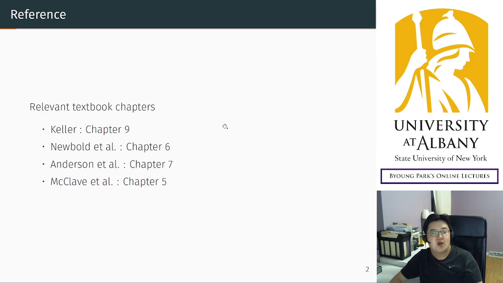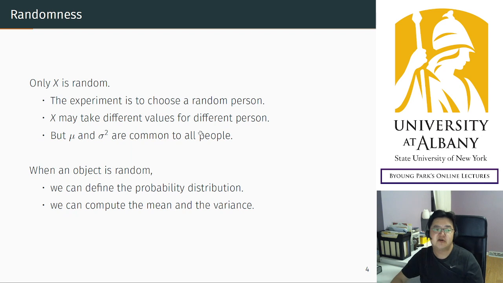First, when we say something is random, that's what randomness means. If you repeat an experiment and the outcome can be different, then the outcome is random, right? That's obvious. And when something is random, we can define its probability distribution.